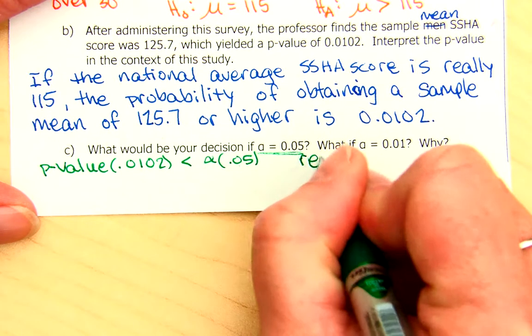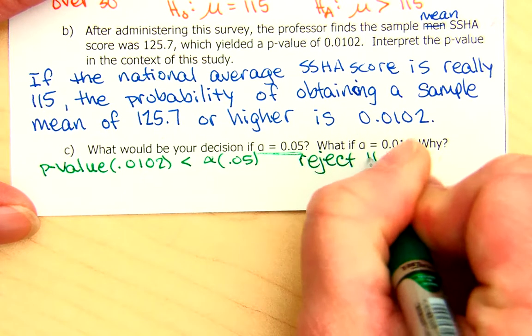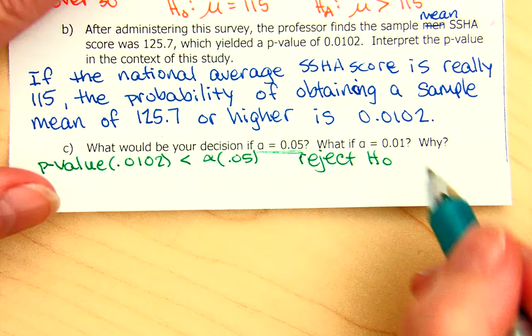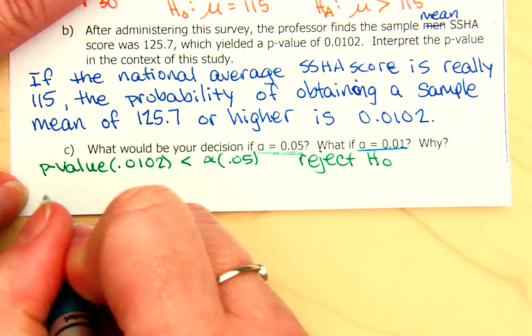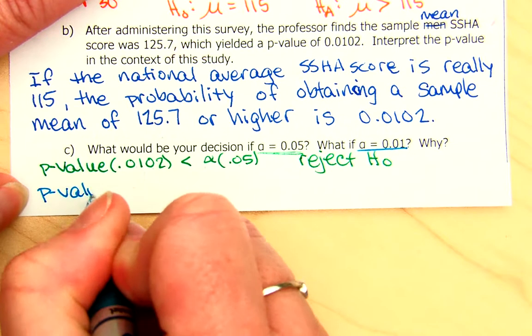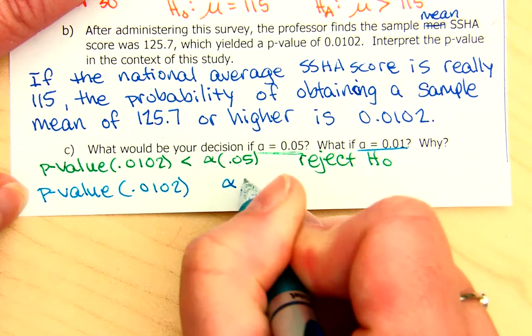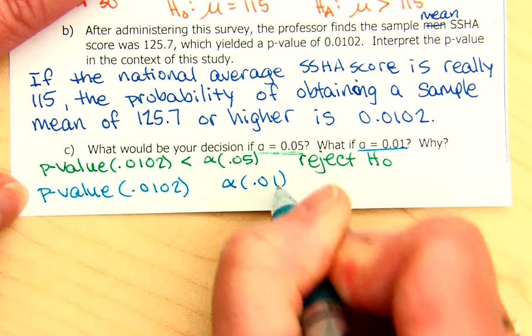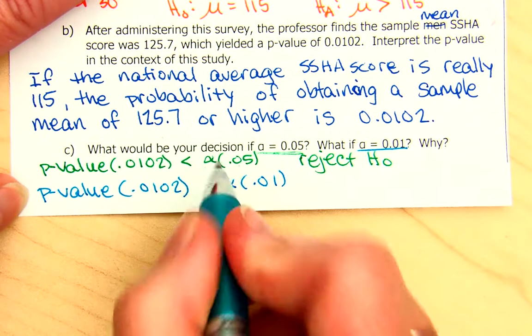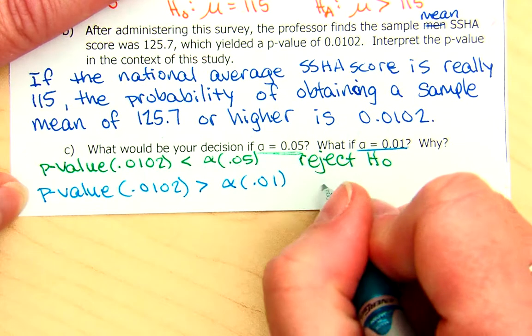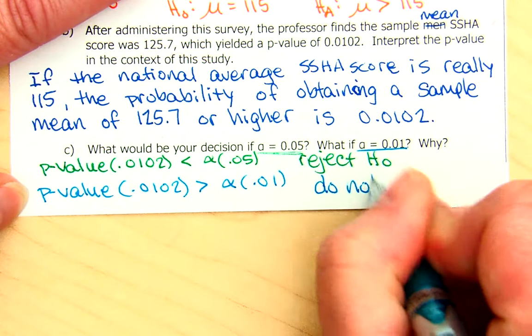There you go. If we're using this alpha level, then the p-value, which is 0.0102, compare that to alpha of 0.01, now the p-value is greater than alpha. So we would not reject.